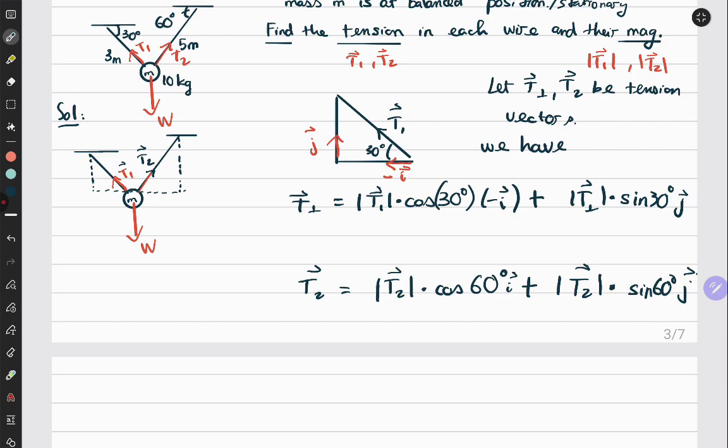Let's clear out a few numbers in here. Anything we know? Cosine 30, sine 30, cosine 60, sine 60. Cosine 30 degrees is square root 3 over 2. Sine 30 is a half. Okay, one more time.